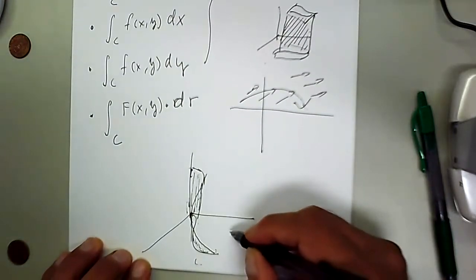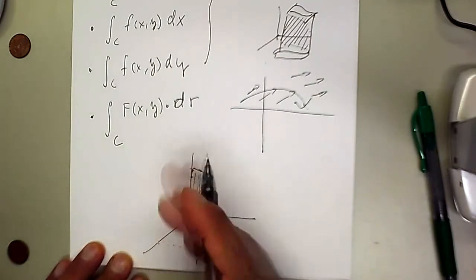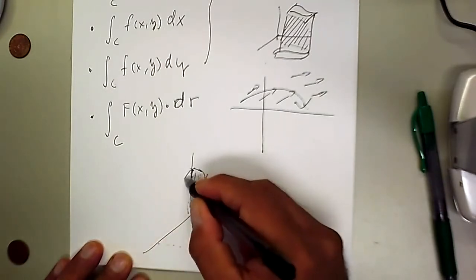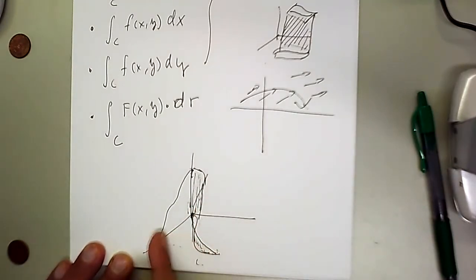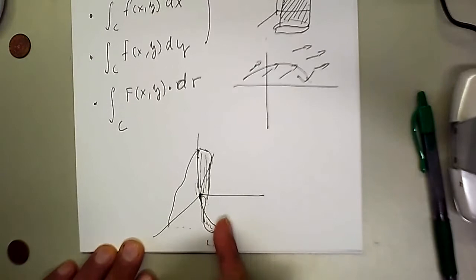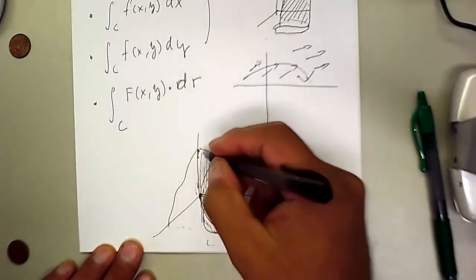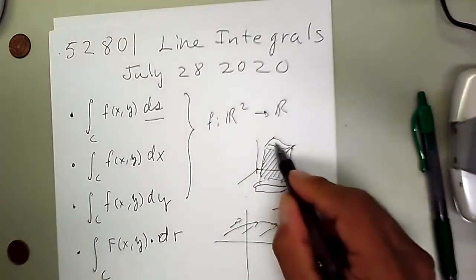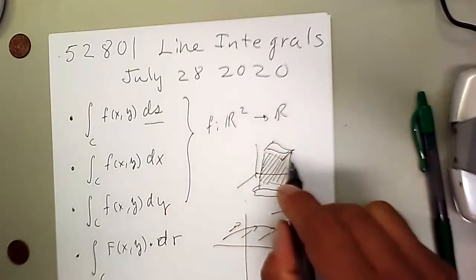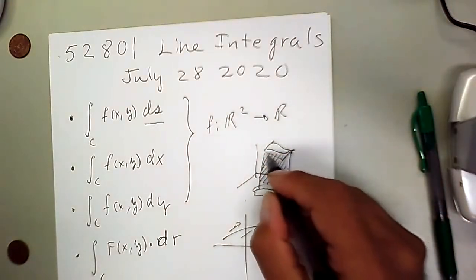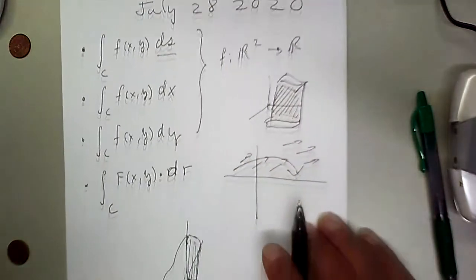So with respect to the x, if you project the whole thing onto the x, and who knows how this is going to curve. If you make a shadow of this surface, it's a vertical surface though. Usually when we talk about surfaces, we talk about surfaces that are above the x and y axis.